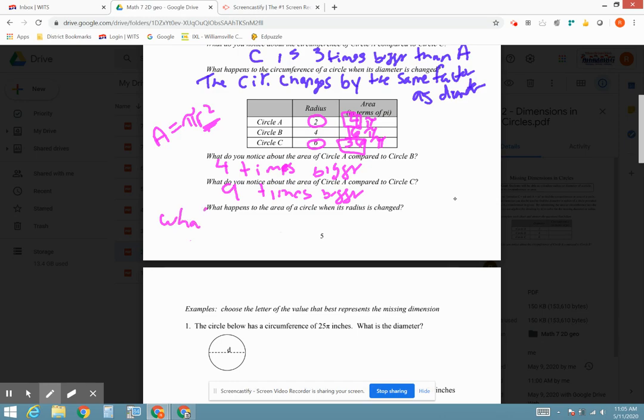Whatever factor the radius is increased by, the area increases by that factor squared.